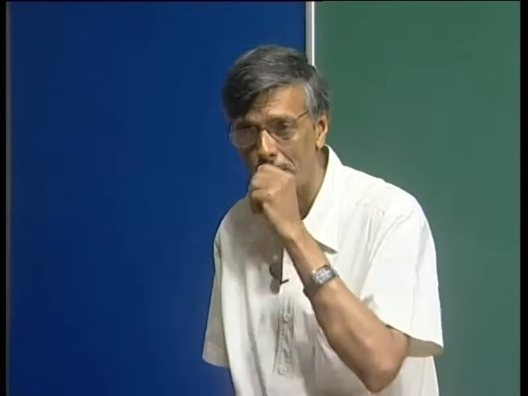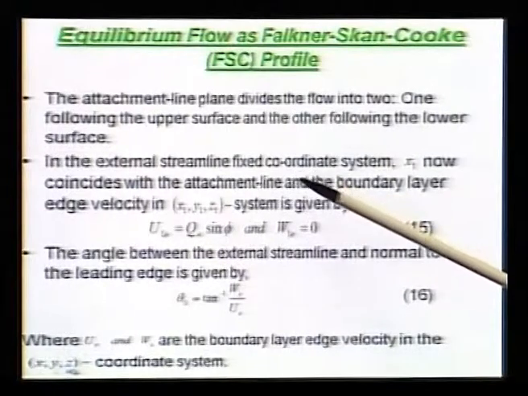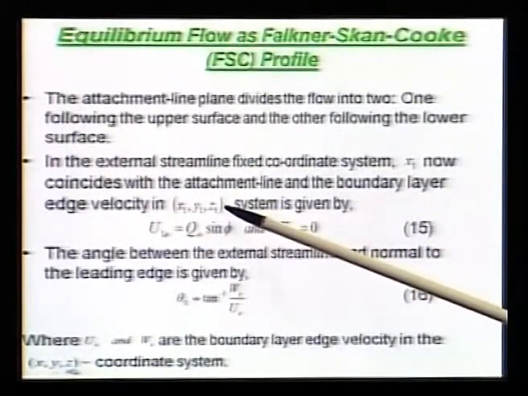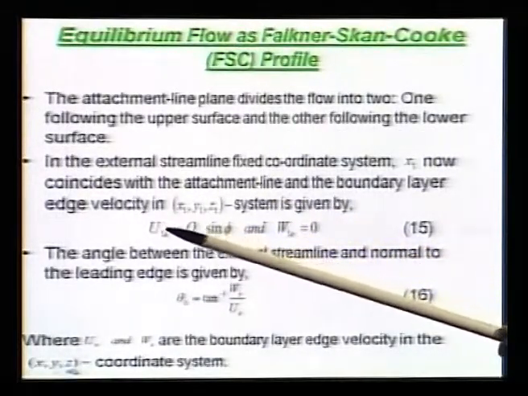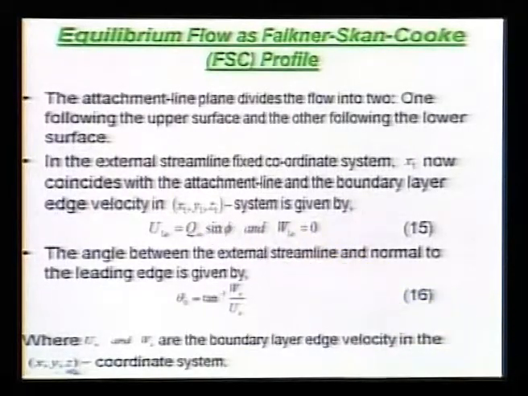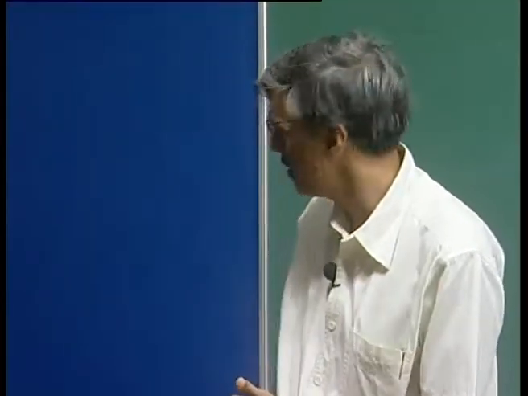That is what we discussed, that x1 and z are the same, right. And the boundary layer edge velocity in this external streamline coordinate system would be given by u1e equal to q infinity sin phi. What is phi? Phi is the sweep angle, right.